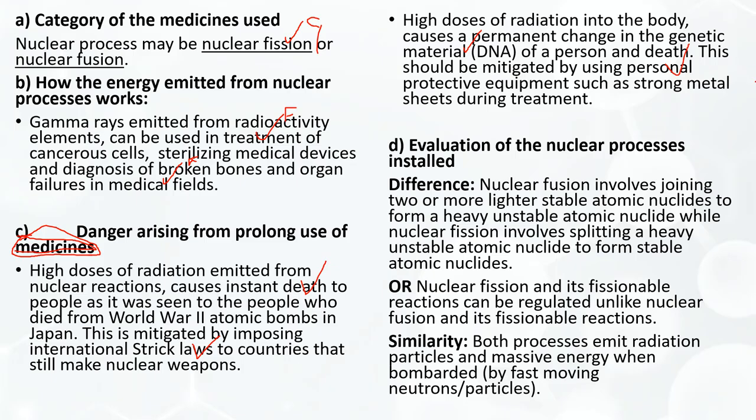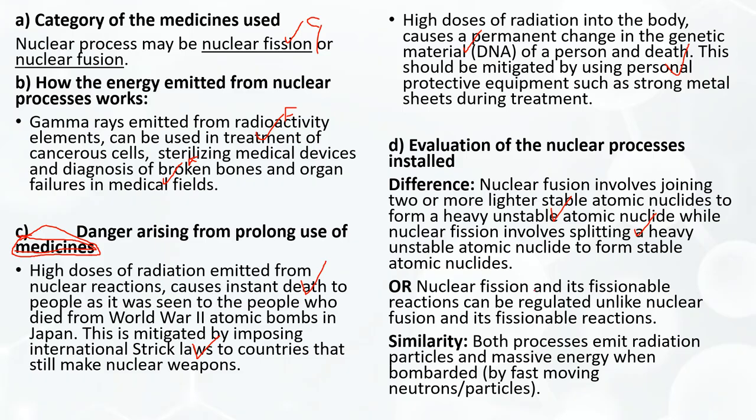So I'm saying here that nuclear fusion involves joining two or more lighter stable atomic nuclides to form a heavy and stable atomic nucleus, while nuclear fission involves splitting. This is splitting, while the other is bringing together.